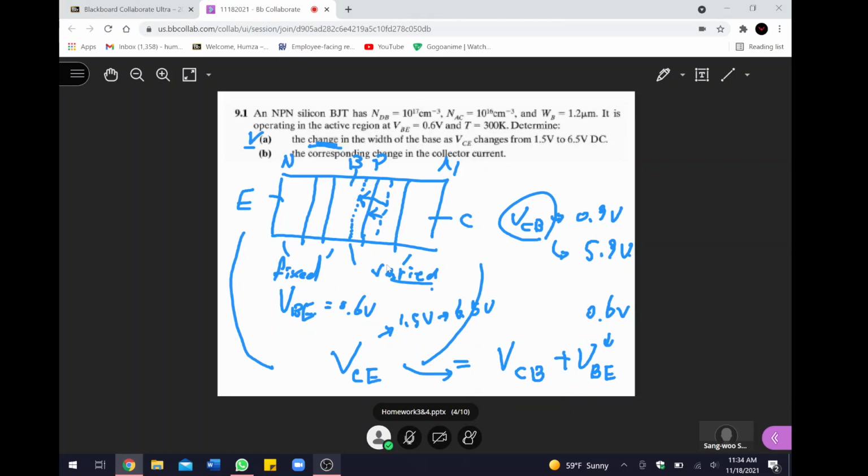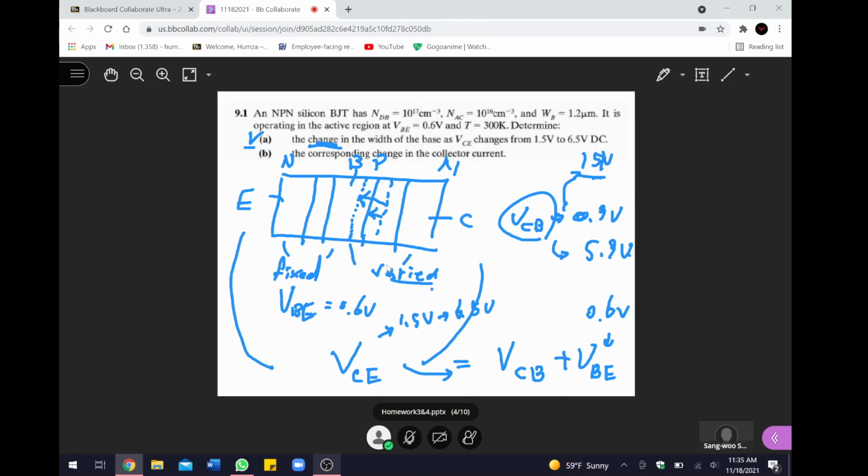Between the base and the collector is a PN junction. You apply reverse bias from 0.9 volt to 5.9 volt, so the difference is that you apply 5 volt more reverse bias.